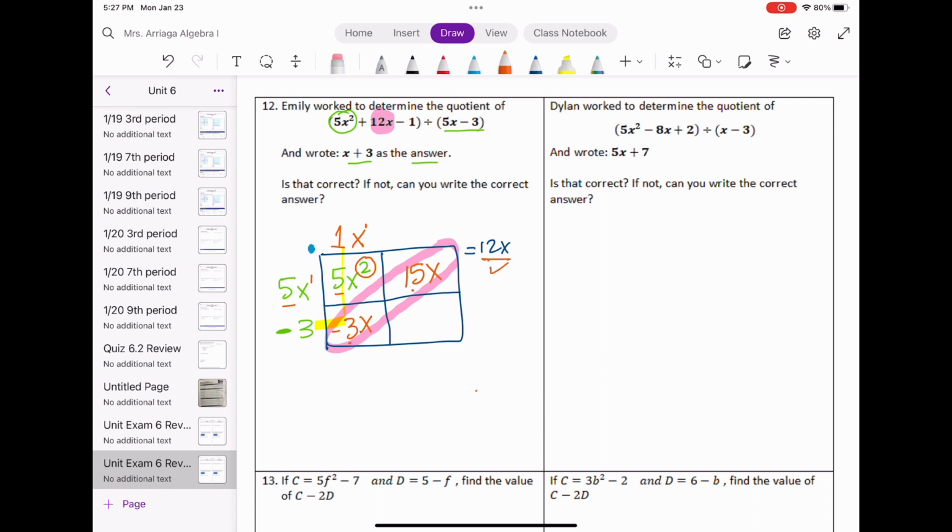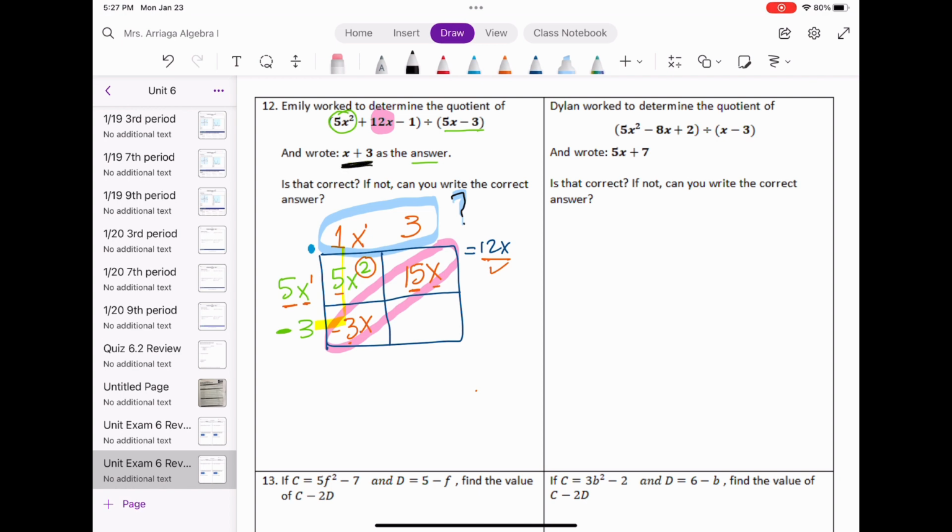Okay, now we can get the last part of the answer on top. So 15 divided by 5, that's 3. We want 1x. We already have it, so we don't need to put another x. And we got the answer, x plus 3.